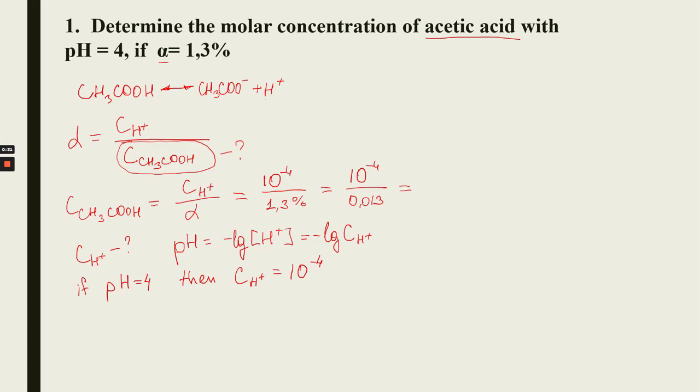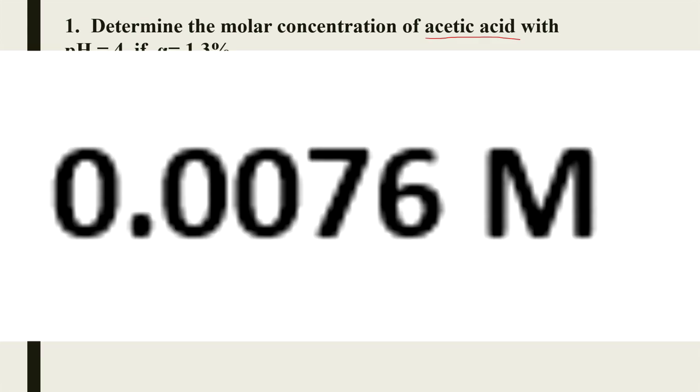And if you do that calculations, you will find that the molar concentration of acetic acid is 0.0076, and units are mole per liter. Basically that's it. That's the solution.